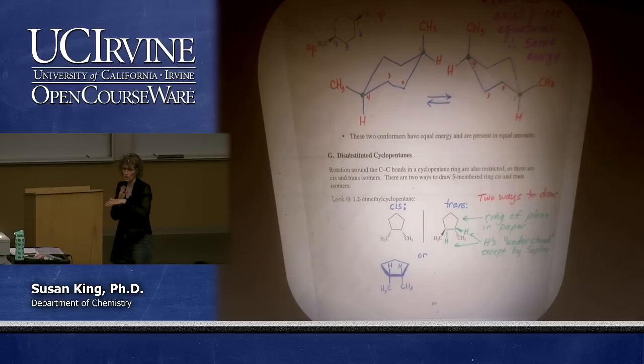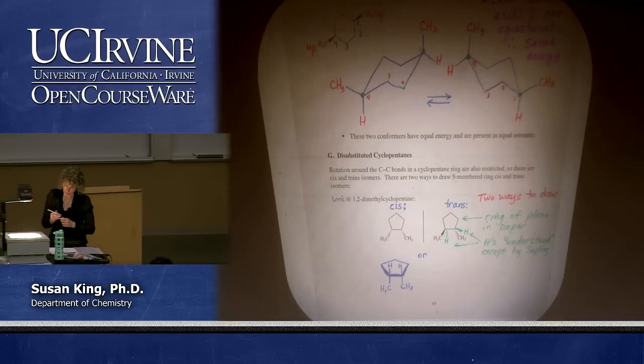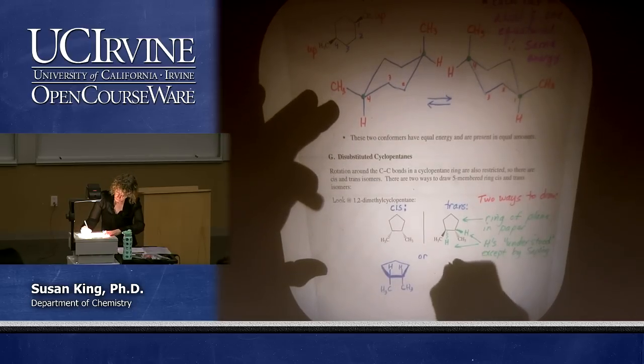So we don't have to worry about crisscrossing those lines. Remember, when we crisscross lines, if we don't break the one that's in the back, that's a new bond that we're making that shouldn't be there. So that one is like that, or for this one here, we can draw it like that also.